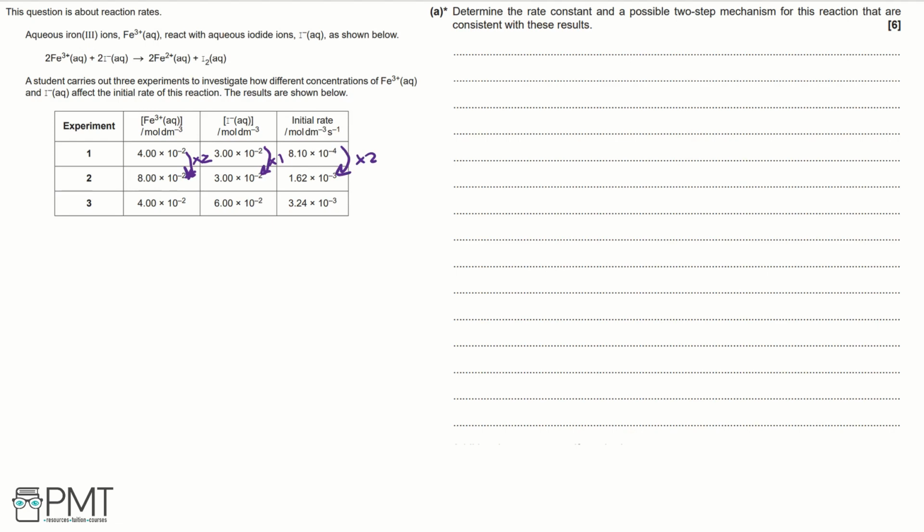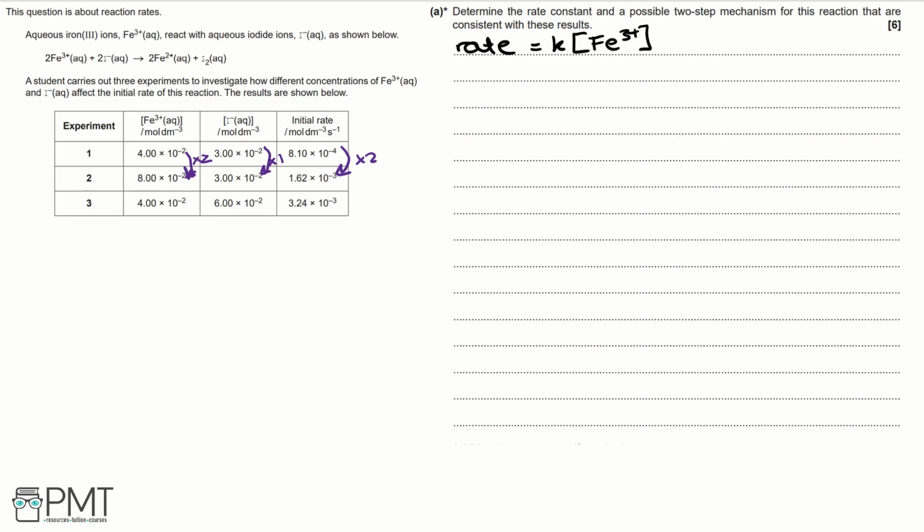Therefore, in the rate equation, we would write rate equals k, or the rate constant, times square brackets Fe3+ to the power of 1, because Fe3+ is first order: when it's doubled, the initial rate is doubled when I- has remained the same.